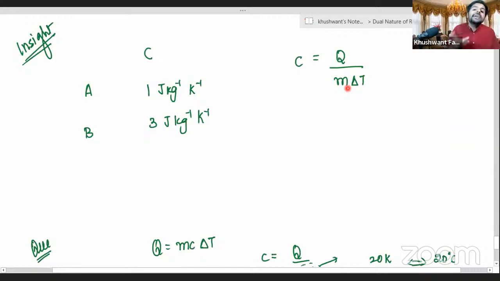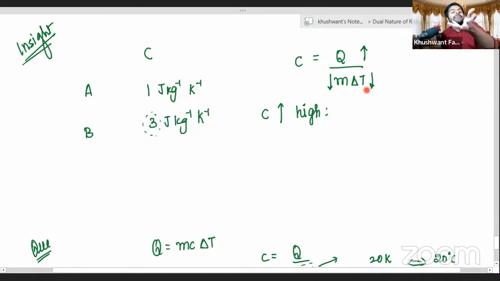If I have two substances and for one of them the value of specific heat capacity is higher, what does it mean? If the C value is higher or large, it means that a larger amount of heat needs to be given to a small mass of the substance for a very small change in temperature. Even if I have to increase the temperature by a very small amount, still a very large amount of heat will be required.